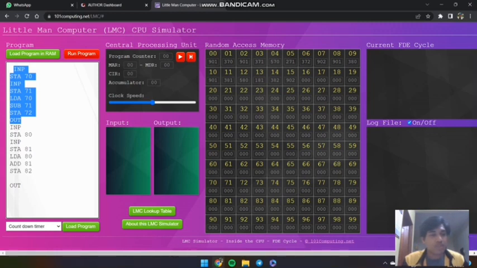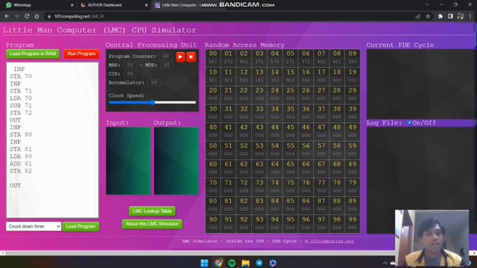First I put the input, and I store the value that I will insert after this in register 70, and will store the next value in 71, and we will do a subtraction.